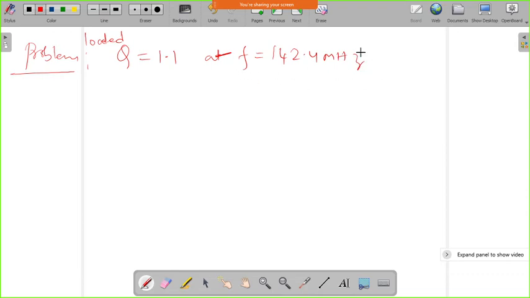The frequency is given and you have to design a resonant circuit with a loaded Q of 1.1, operating with a source resistance of 100 ohm.